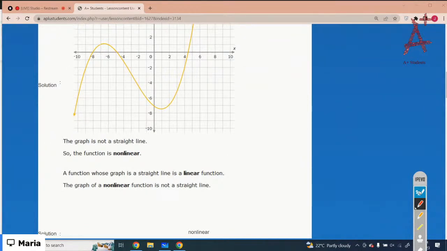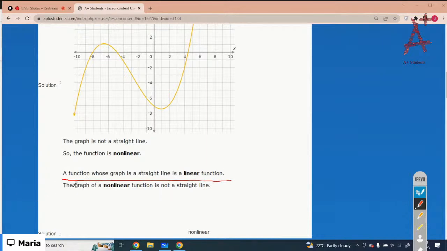Got it? So the graph of a non-linear function is not a straight line. So the one that is shown in the figure is not the linear function. That is the non-linear function.